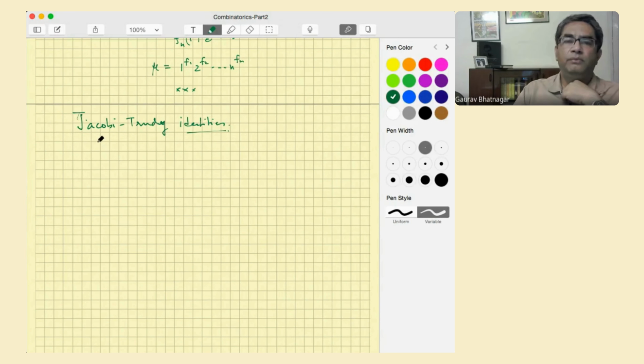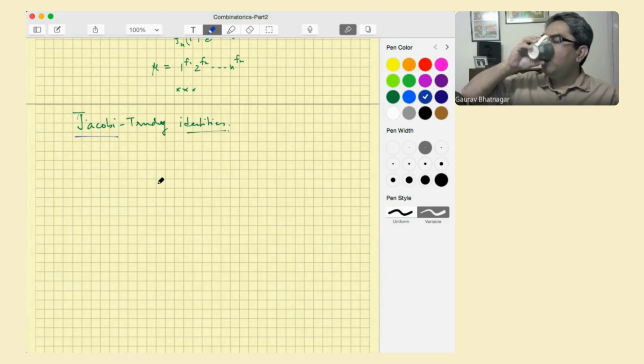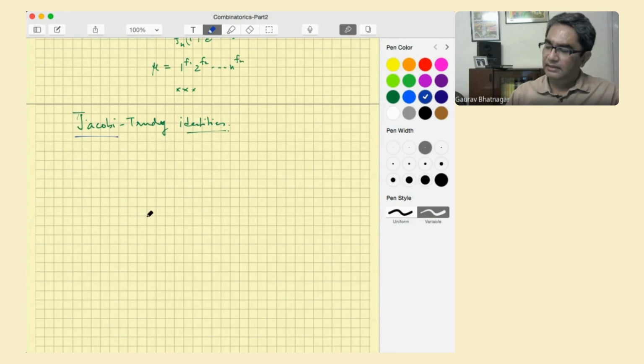So the point to be noted is that Jacobi actually considered these symmetric functions before Schur himself. Okay, but Schur did a lot of representation theory work with them.